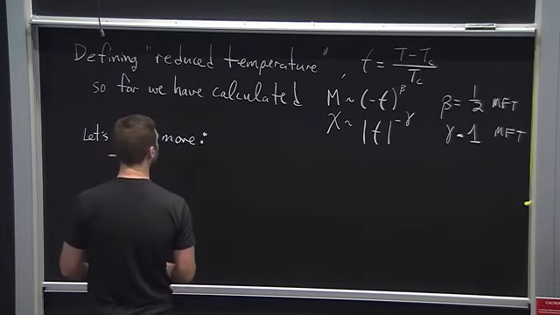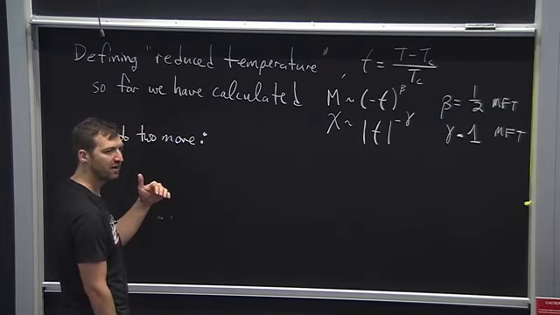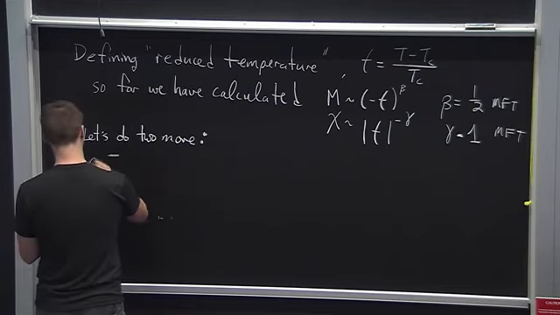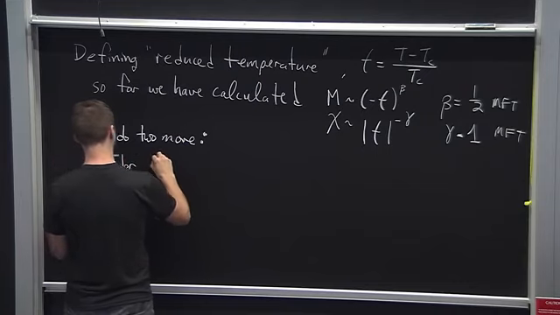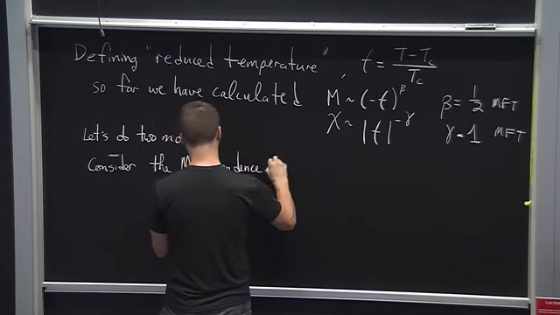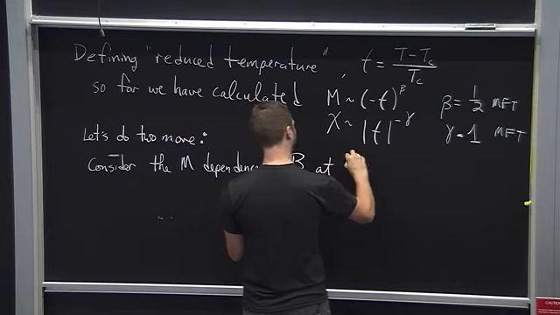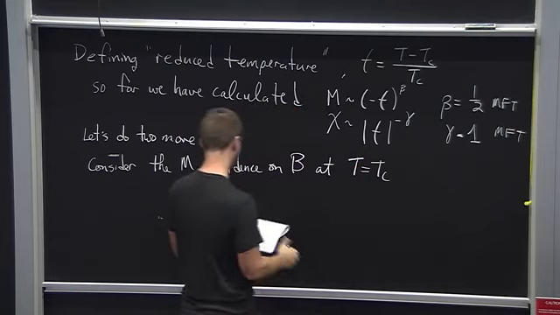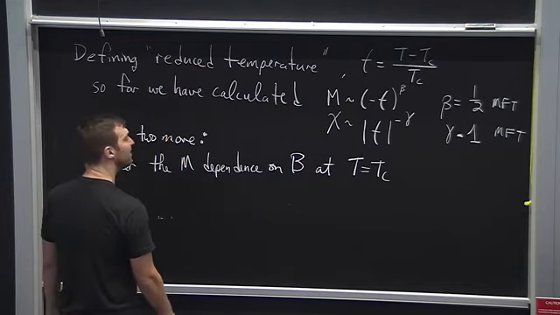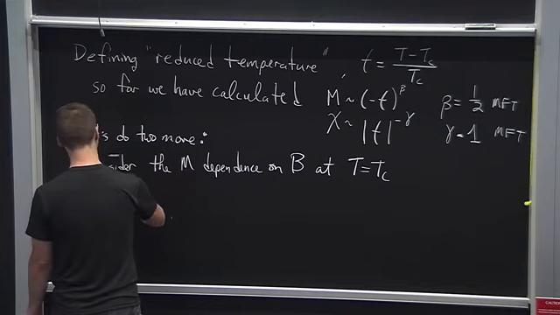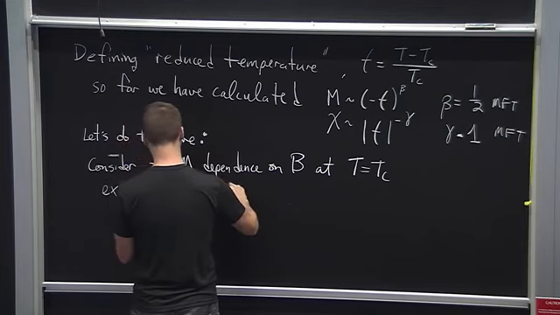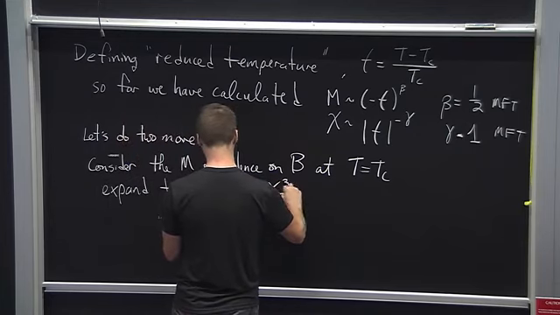Let's look right at the critical temperature, and let's imagine varying the magnetic field B. Okay, so let me take that hyperbolic tangent and expand. Like I said last time, tanh x has a cubic term.